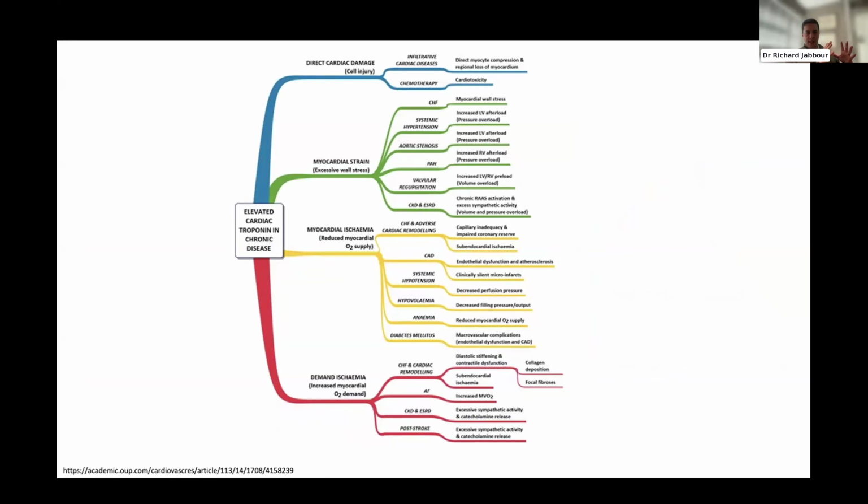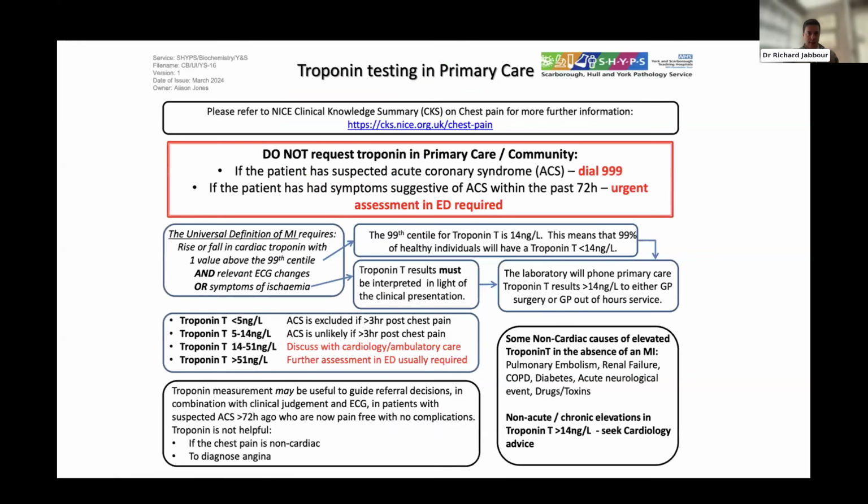For example, troponin elevations could be due to direct cardiac damage from drugs such as chemotherapy causing cardiotoxicity, myocardial strain such as in a patient with very high blood pressure, or myocardial ischemia secondary to even hypotension or anemia, as opposed to the type 1 plaque rupture that we are obviously so concerned about when assessing patients with chest pain. It can also be due to things like CKD and end-stage renal failure. So we do get a lot of false positives.